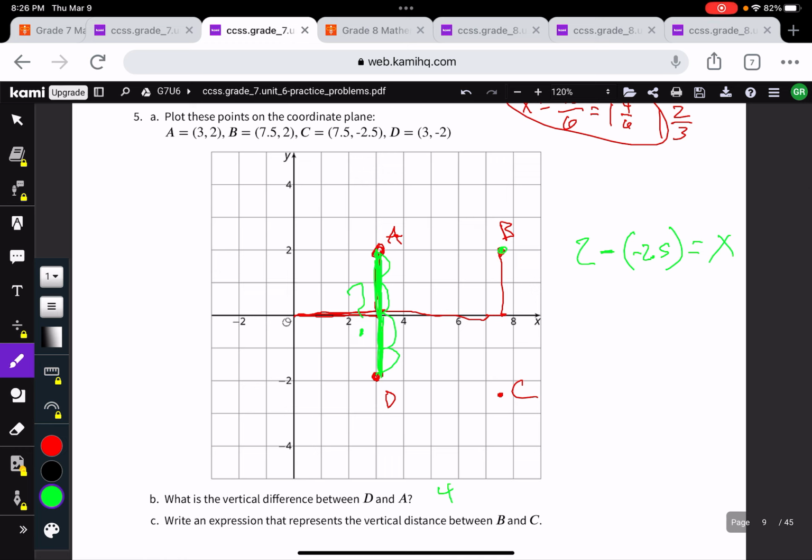But what the heck? 2 minus a negative means 2 plus 2.5. And guess what? That's 4.5. And if you look at the distance right there, it's 1, 2, 3, 4.5. And we actually did the same thing with question B.